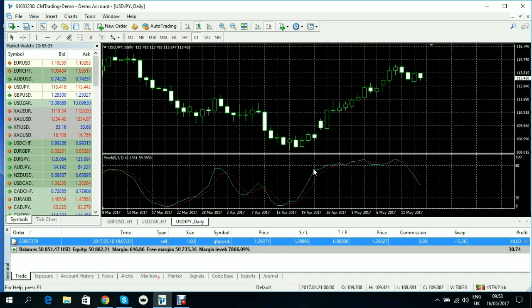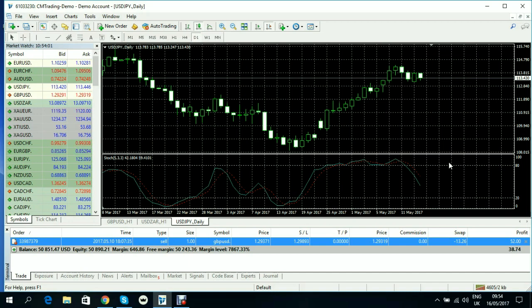For example, here, when the line crossed and is above this 80 line, from here it went up and it crossed immediately this 80 line, and it's here. It means that the price has been overbought.